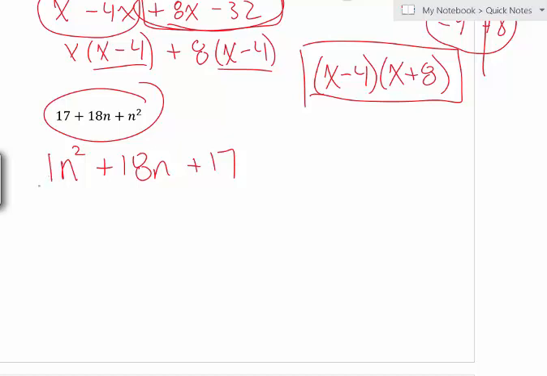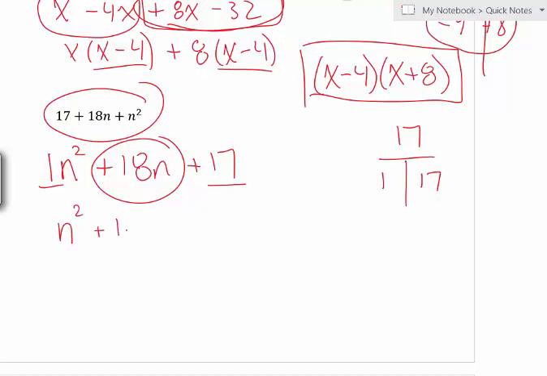Remember, that number is 1. 1 times 17 is 17. I'm going to make a list of all the numbers that I know multiply to 17, which are just 1 and 17. And again, if you notice, they add up to an 18, right? So now we have n squared plus 1n plus 17n plus 17. So I'll box the first two. We can factor out the letter n. Now we got an n plus 1.